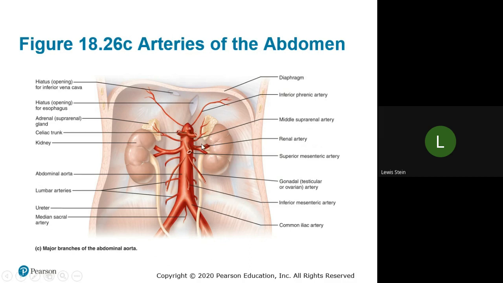A pair of those. Then in between the suprarenal and the renal, you have the superior mesenteric. The big thing to look at here is the width, the size, the diameter of the renal arteries. They are disproportionately wide. The reason for that, everybody, is that the kidneys, which they supply, are by definition a high pressure filter.